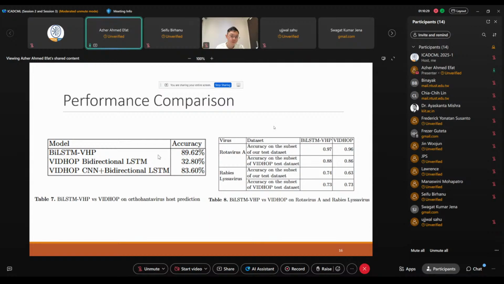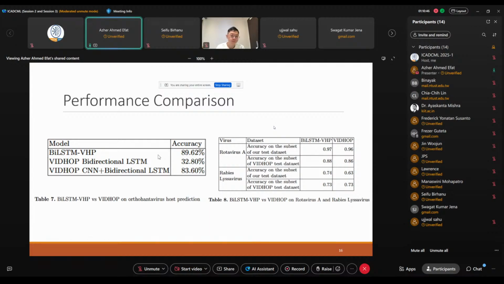So we trained both architectures of VDOP on our orthohantavirus dataset and compared with our work, and you can see that our model outperforms both architectures of VDOP.